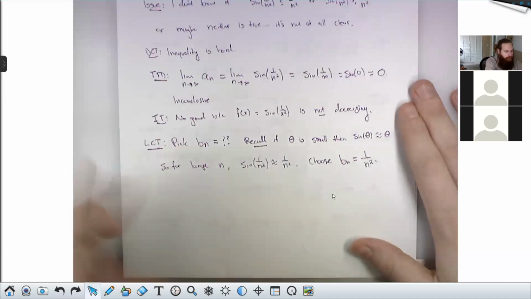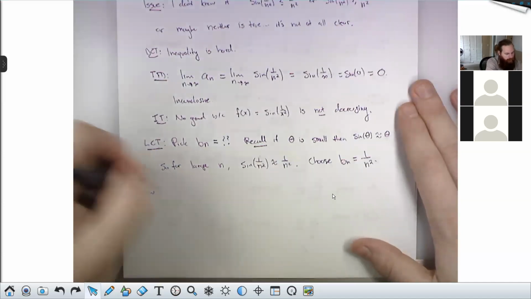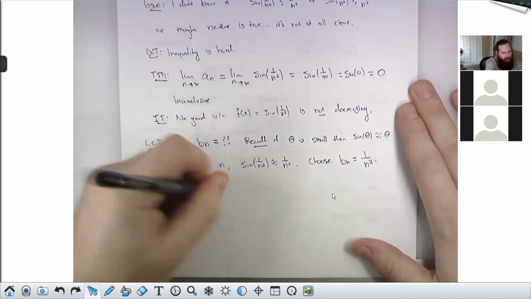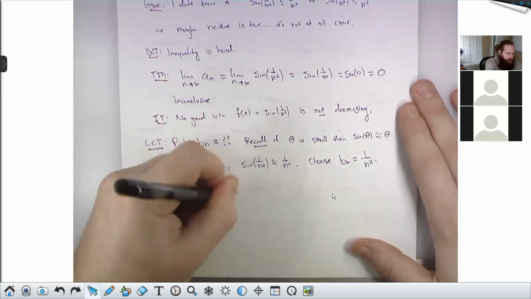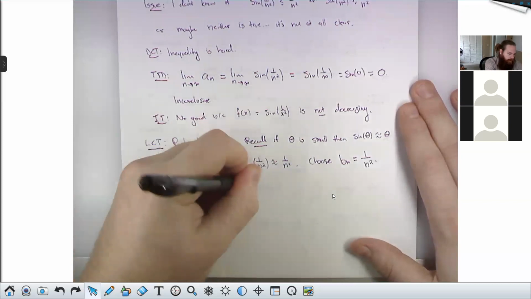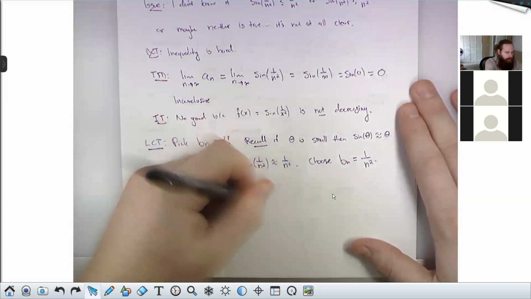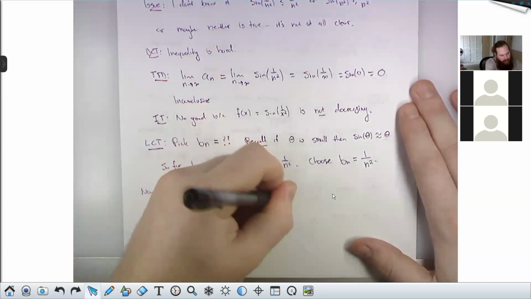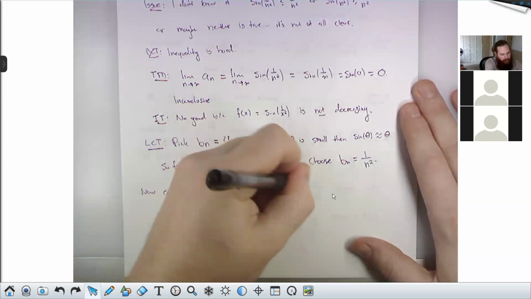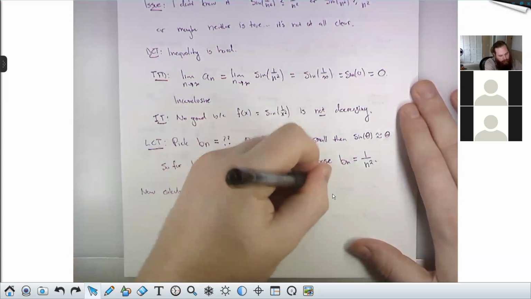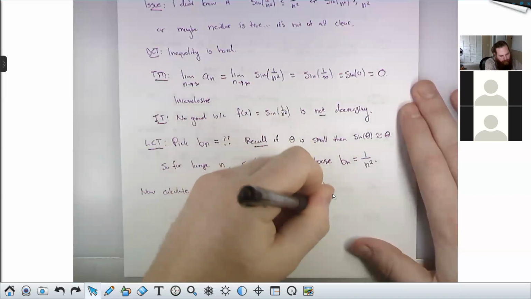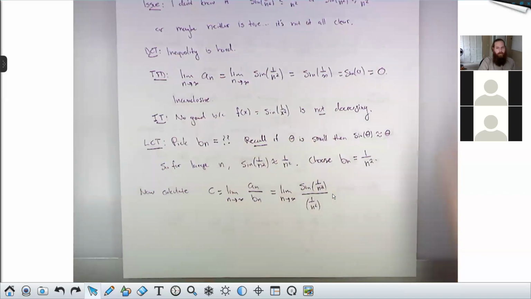Now I'm going to calculate C as the limit as n goes to infinity of an over bn. That's the limit as n goes to infinity of the sine of 1 over n squared divided by 1 over n squared. Can I cancel the 1 over n squareds?